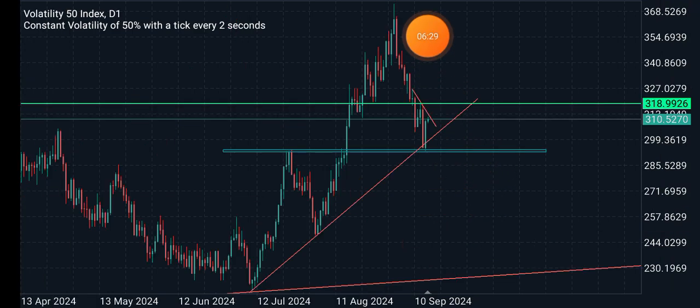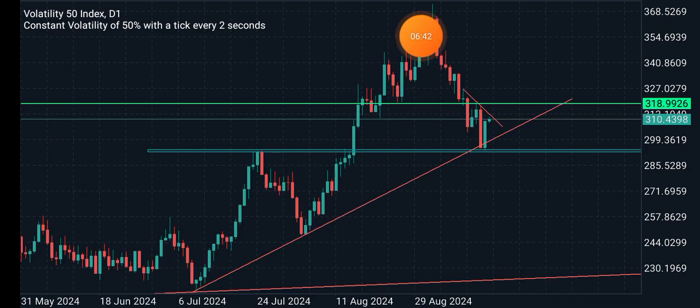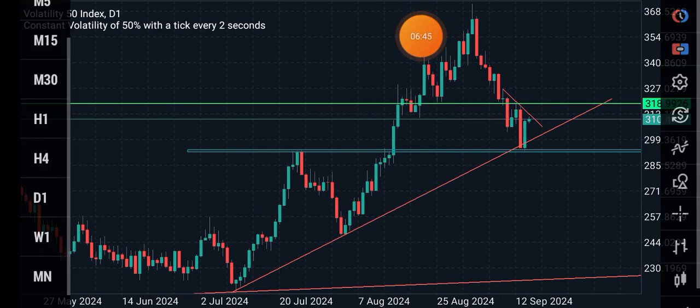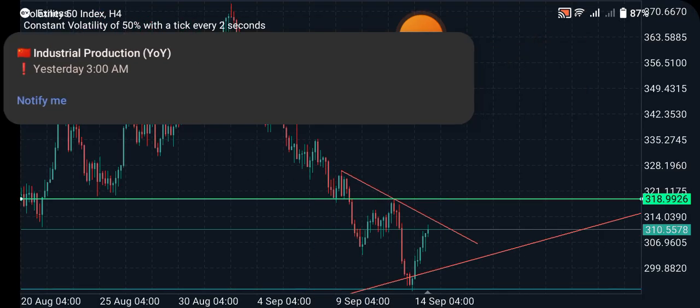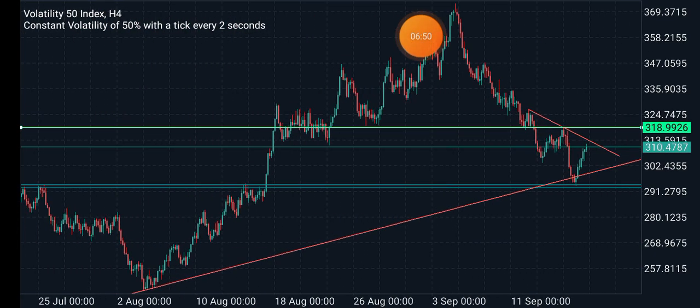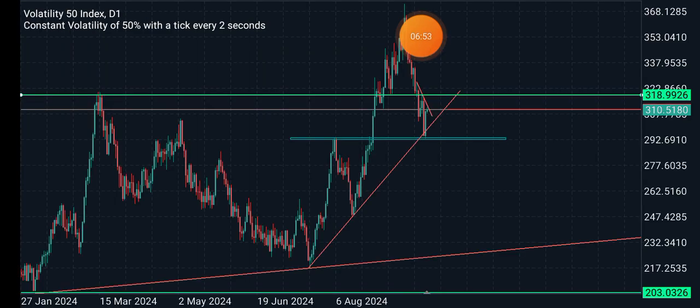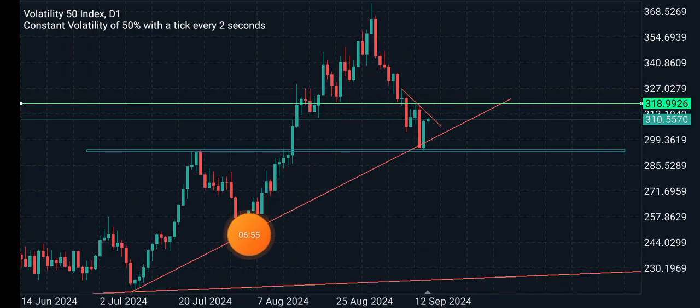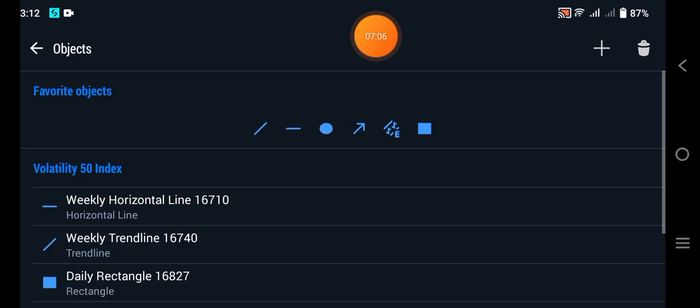If you go back to the daily, you'll see this is already done. We are already on the top touch on the trend line. But there's something I noticed on this daily. If you look at this move, all through this move here, we're making a higher low until we got to this point.